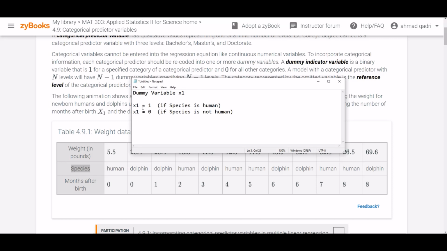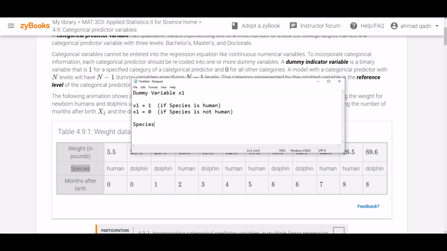Okay, so this is what we call a dummy variable. When we have just two levels of a categorical variable like species, we just need one dummy variable to code it. Either a species is human or it's not human, and in this data set, not human essentially just means it's a dolphin.